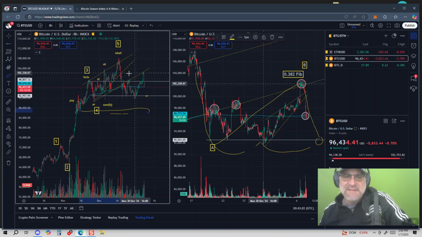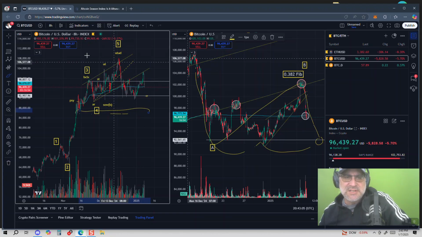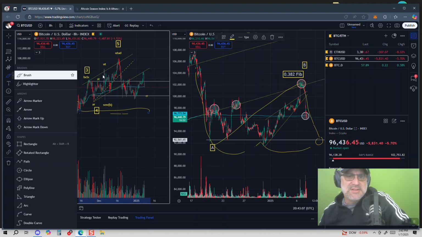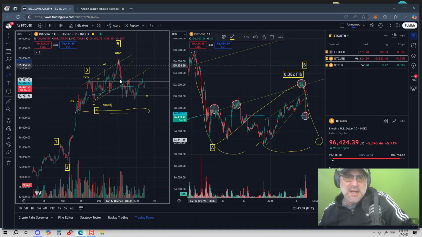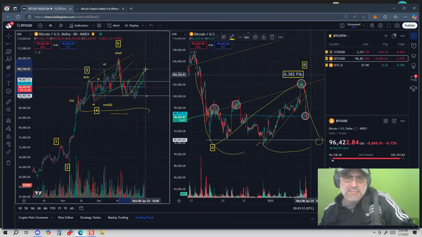And in effect, the C wave, if this is the C wave, I'm not saying that the C wave is going to do this, but so far it's kind of been doing what we've thought it would be doing.